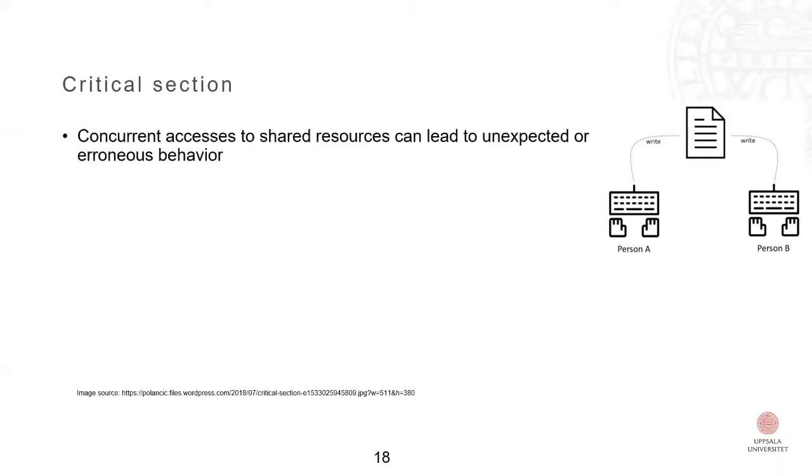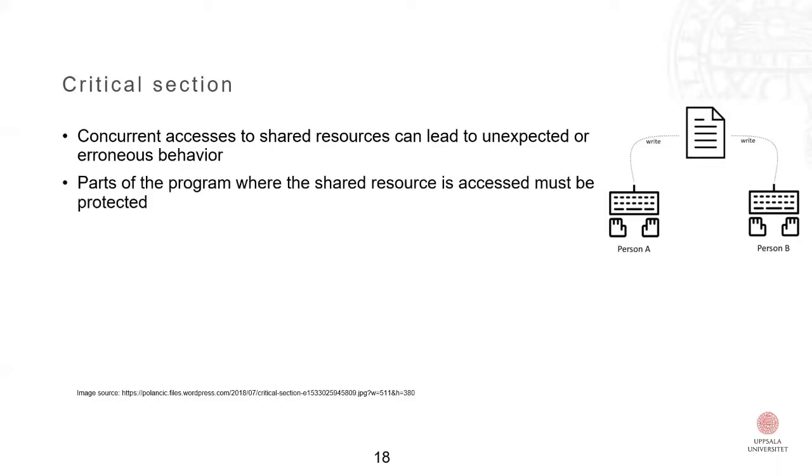When we have concurrent accesses to shared resources, we can have unexpected or wrong behavior and wrong results, as in the example that we saw about correcting your exams. The part of the program in which the shared resources are accessed must be protected. For example, your grade in this example must be protected so that the final grade which is stored for you is correct.